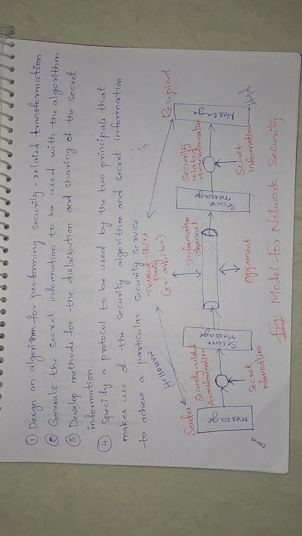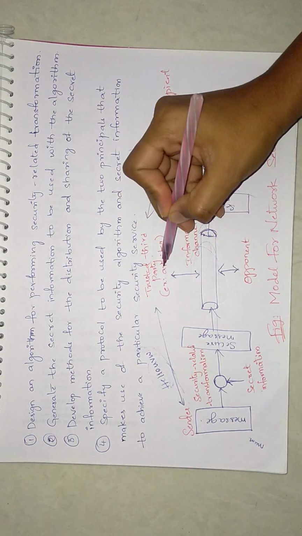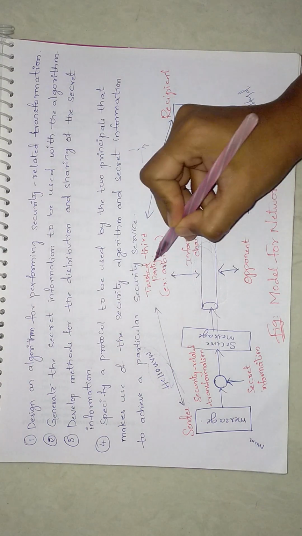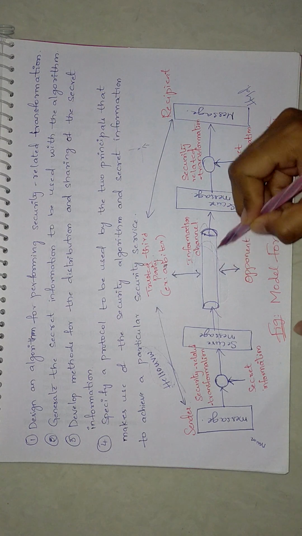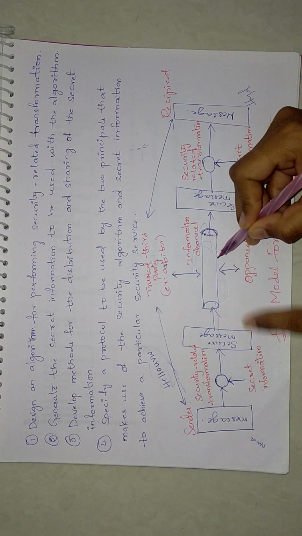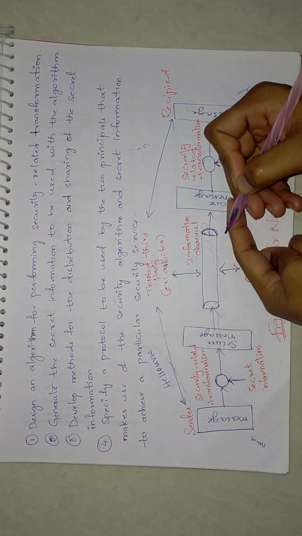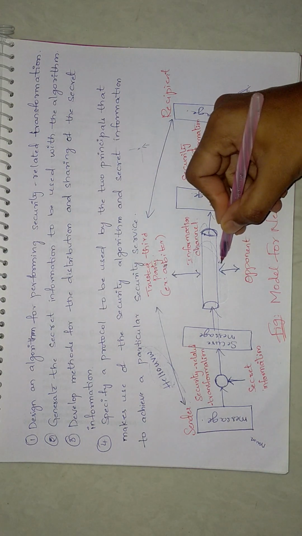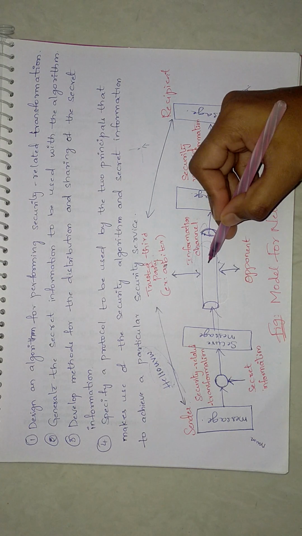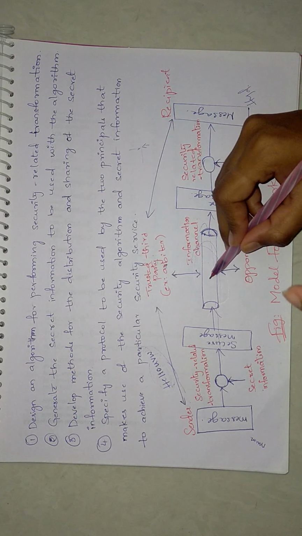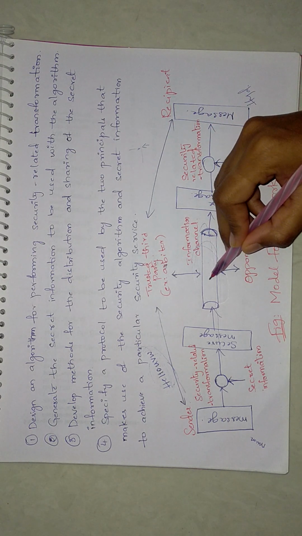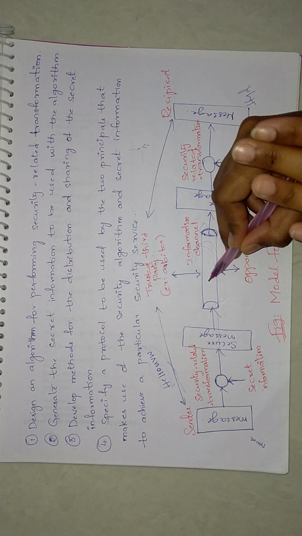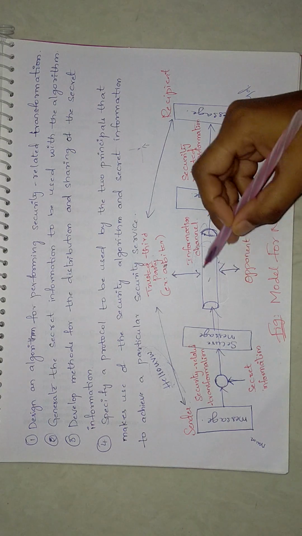And now the trusted third party, whatever we are using, will make sure that the data going through this network will not be modified by hackers or opponents, and they'll make sure that this information is not readable. That means we can't understand that message. It will be changed to some other form. It depends upon the algorithm again.